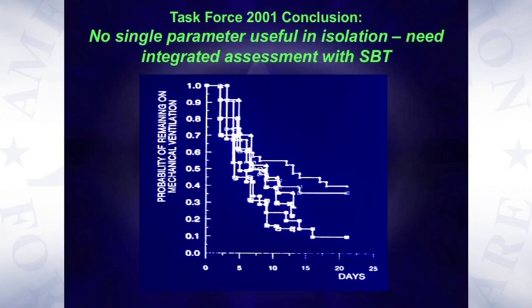I'm not going to belabor this slide, but what I want to illustrate is the curve on the far left that gets patients off the ventilators quickest has nothing to do with adjusting the ventilator. Nothing. It's simply doing a spontaneous breathing trial with an integrated assessment on a regular basis. And if the patient fails, as I'll talk about in a minute, you just put them back on the ventilator and try again at a later time.